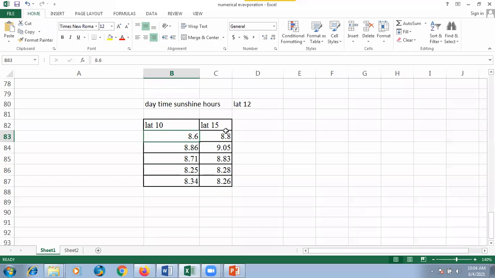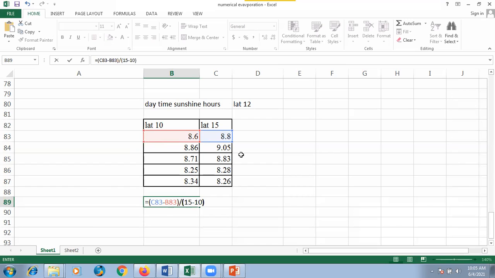For a 5 degree change, how much has it changed? It has changed by 8.8 minus 8.6 per latitude change of 15 minus 10. For every degree of latitude, it changes by 0.04.